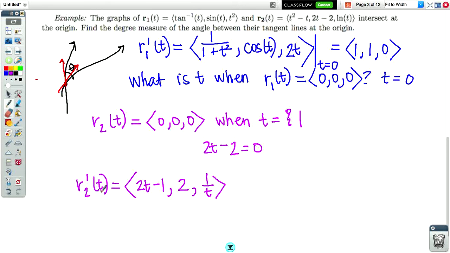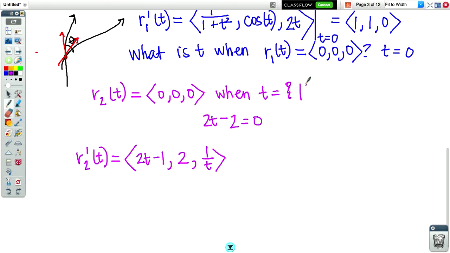Now this is just a new vector valued function that would give me the tangent vector at any t value that I plug in. Specifically, I want to find the tangent vector when t equals 1. So when I evaluate this at t equals 1, I find a tangent vector of, let's see, 2 minus 1 is 1, and then 2 and 1. So there's my tangent vector at the origin.